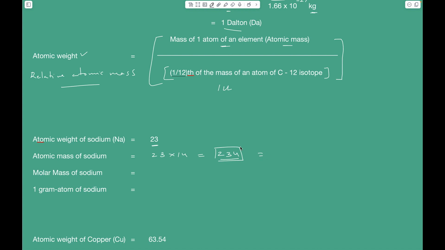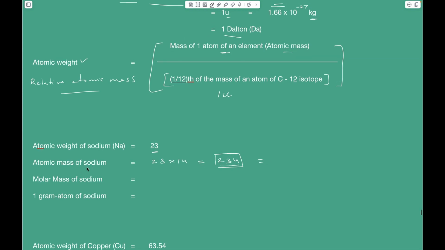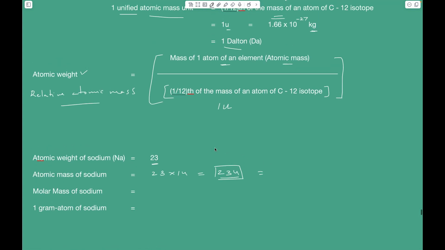Now if you want to express the mass of one sodium atom or atomic mass of sodium in kilograms, you can do that. You know that 1u is approximately equal to these many kilograms. So to get the mass of one sodium atom in kilograms, you simply replace 1u with this value. So it would be 23 times 1.66 times 10 to the power of minus 27 kilograms.